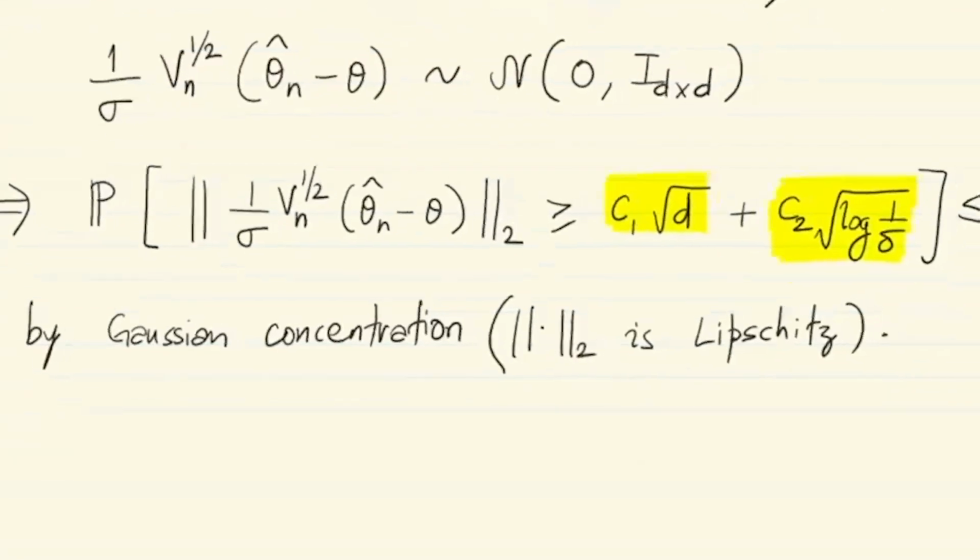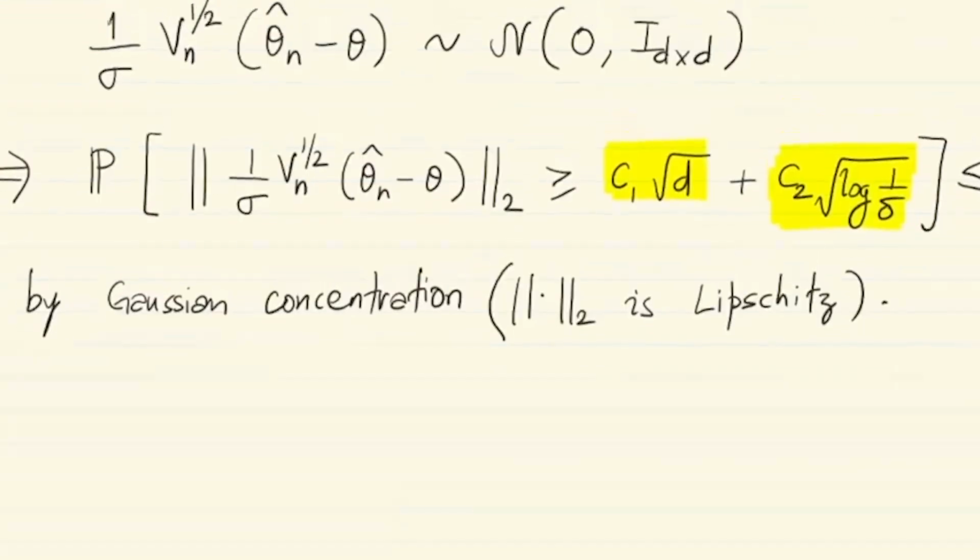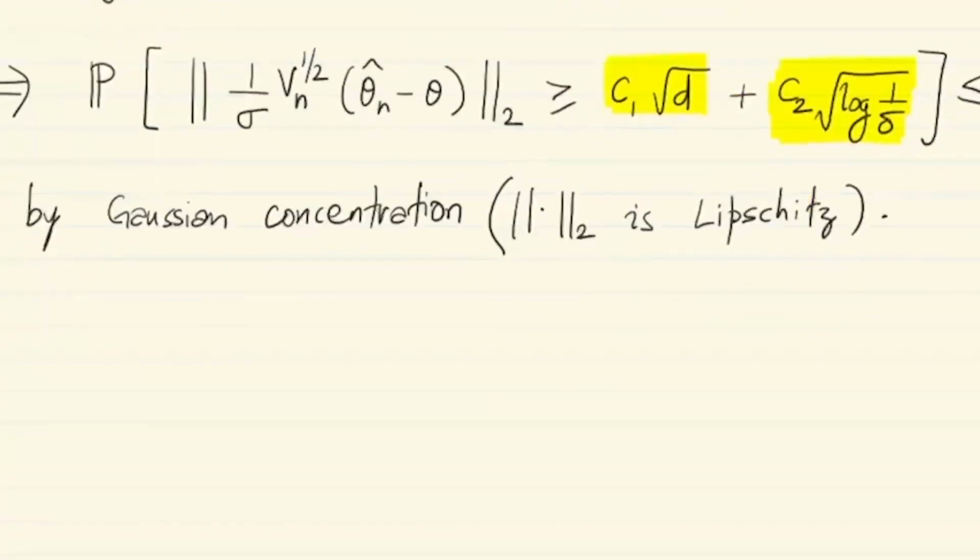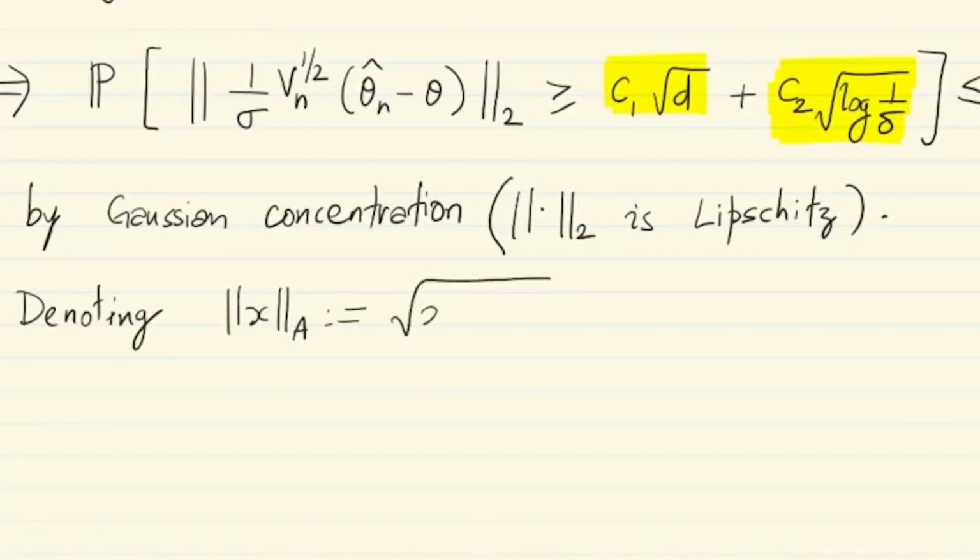So we basically get this kind of concentration inequality for the fluctuation of theta hat n about theta with respect to the shape Vn as well. Let's denote by the norm of x subscript A the square root of x transpose A x.